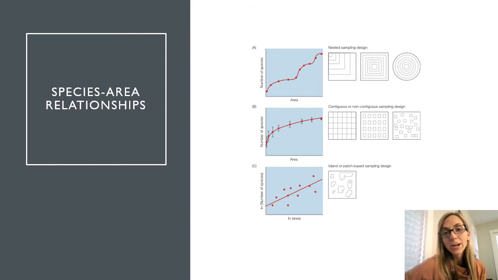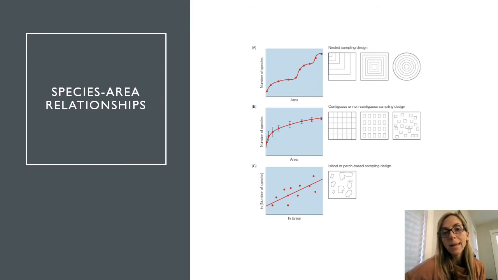So this figure shows a variety of curves that might result from different sampling techniques. One, the nested sampling design. Two, a continuous or non-continuous sampling design, and three, the island or patch-based sampling designs. So these design types ultimately influence which type of diversity we are measuring.